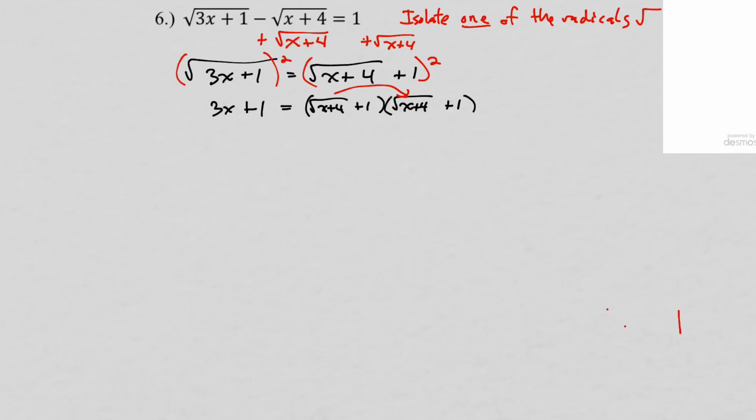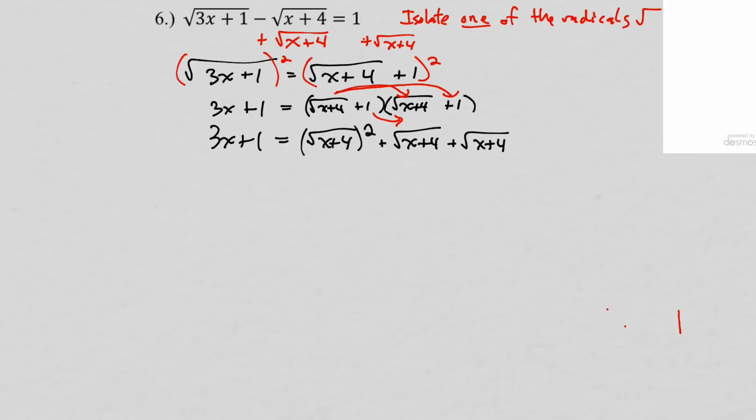So the first term, let's just say x plus 4 squared, because there's 2 of them. And the next two are just going to be the exact same thing. O and I of FOIL are identical. That's why the pattern says to go ahead and double it, but we'll just do that later. And then the last one is 1 times 1, which is 1.